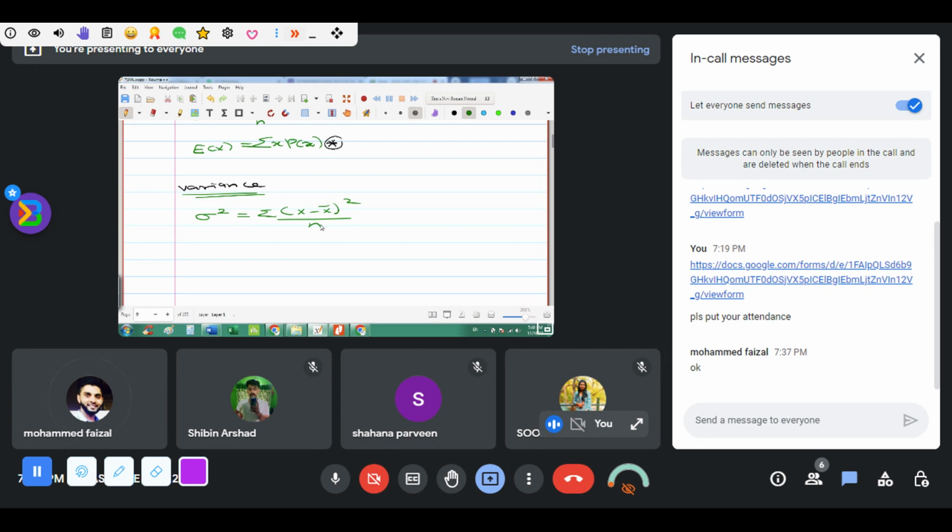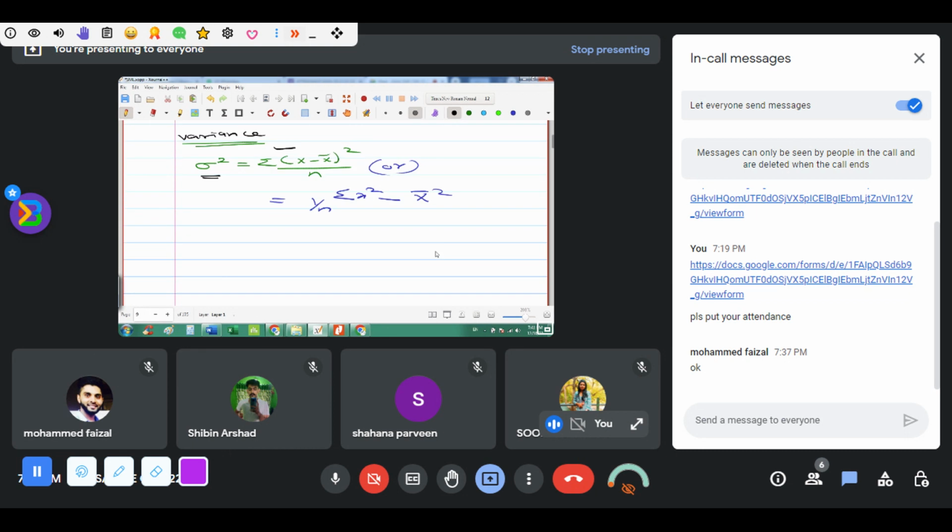The same idea has another formula: 1 by n summation x squared minus x bar squared. Both are the same variance only. This is the main formula, and this is also the variance formula. For statistical data values, use either this one or this one.